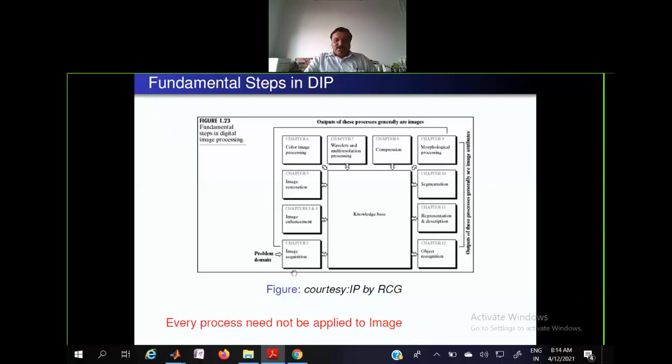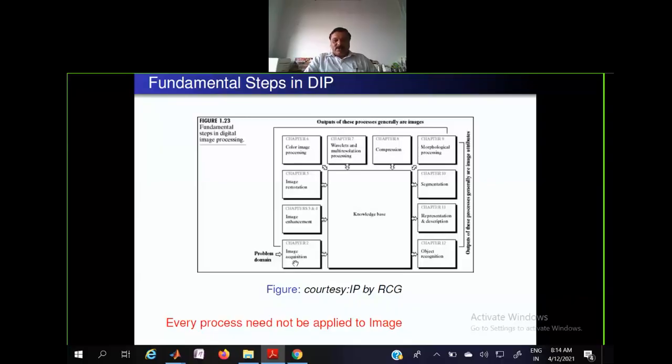The first thing I should do is acquire the image. Since the input is a video, you need to use a video camera. So the acquisition device will be a video camera. The decisions you have to take are what the resolution of the camera should be, and where to position the camera, and then record the video.